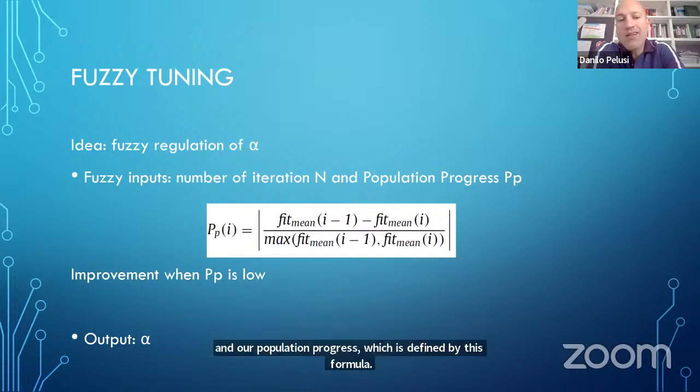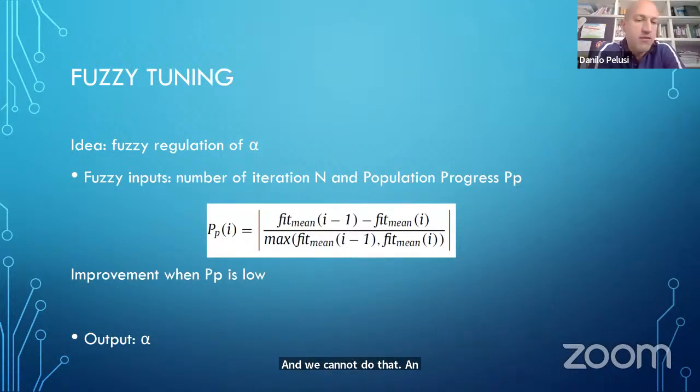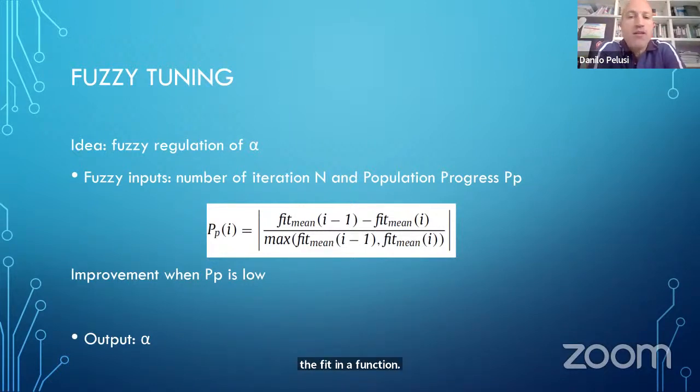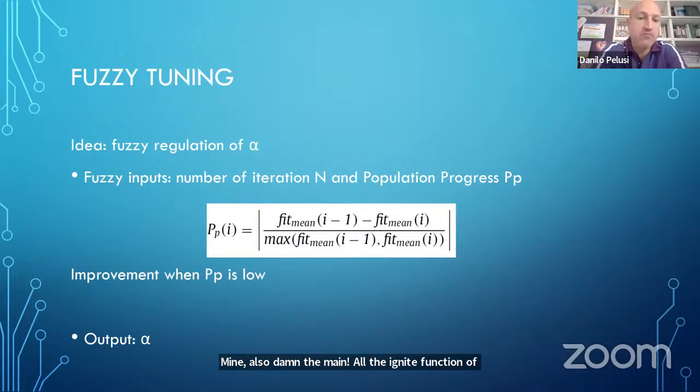We can note that there is an improvement when the population progress is low. Population progress is defined by the mean of the fitness function of the entire population at the i minus 1 iteration minus the mean of the fitness function of the entire population at the current iteration.